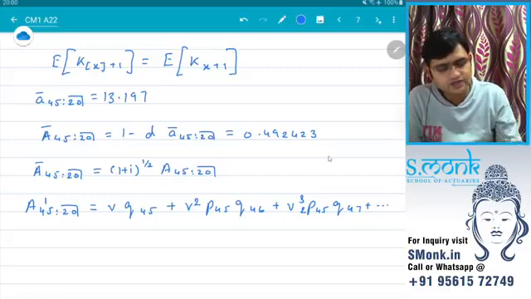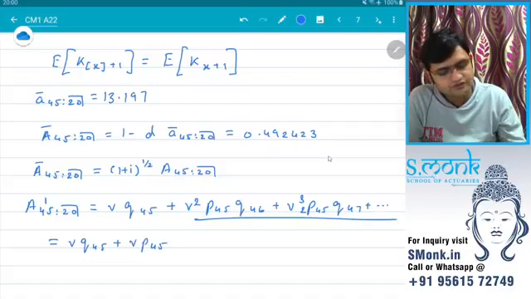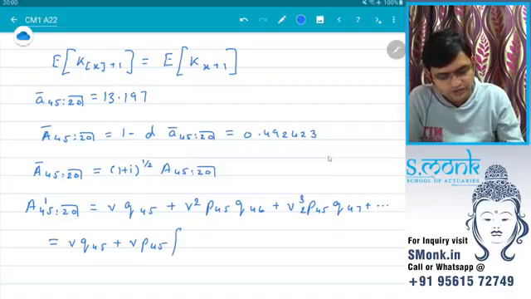Here I can say this would be nothing but v, and if I take out q45 plus 1p45 v, taking out these two, p45 from this, first of all I am taking out 1 v, so I'm left with v q46, then plus v squared.